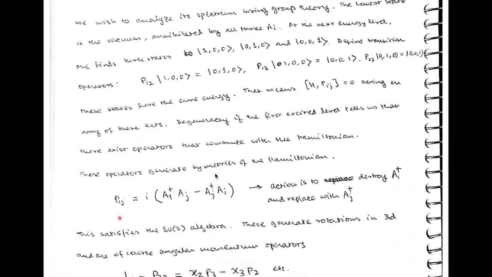So what are these P's? If you are looking at P_ij, this is going to be something that is going to destroy A_i dagger and replace it with A_j dagger.